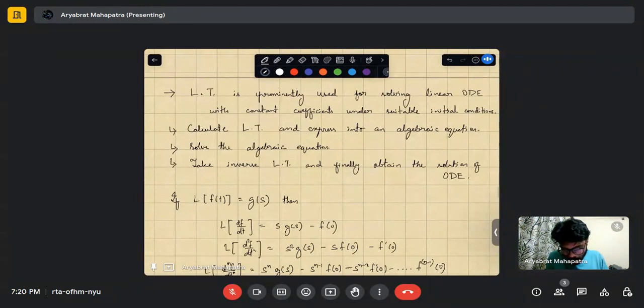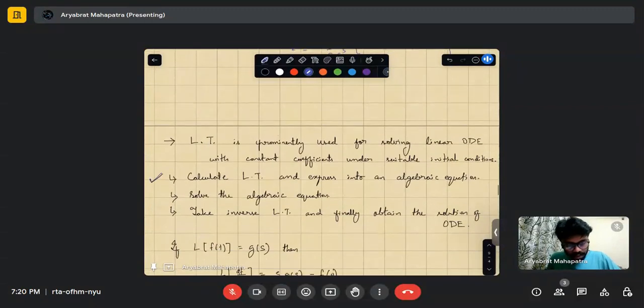The first one is, when you have this differential equation, you take the Laplace transform of the differential equation, and then you express it as some algebraic equation.